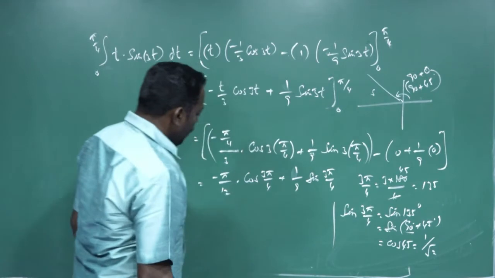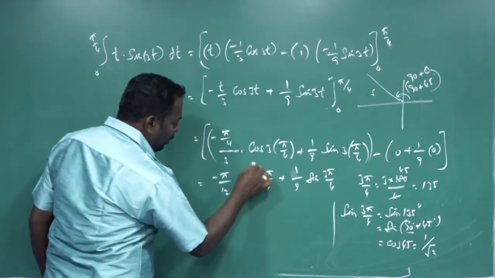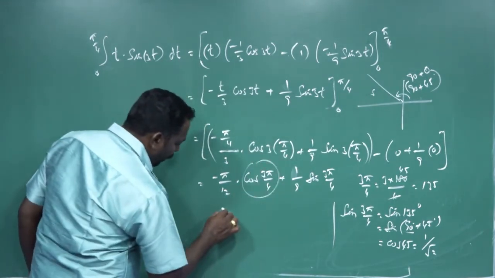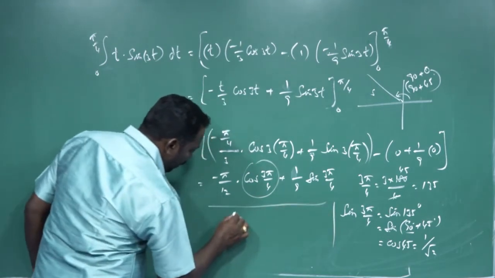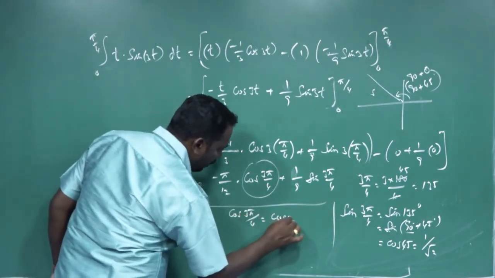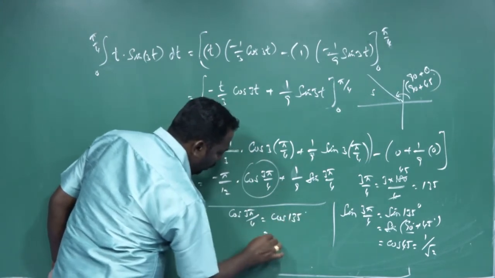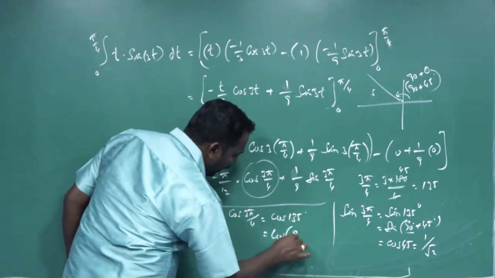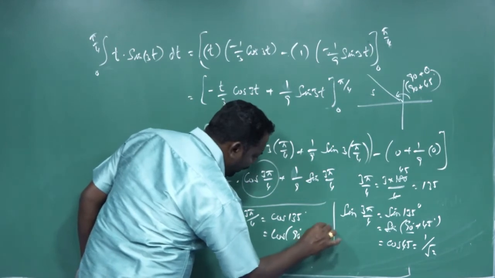Then similarly find out the value of cos 3 pi by 4. Therefore cos 3 pi by 4 equals cos 135 degrees, which equals cos of 90 plus 45 degrees.